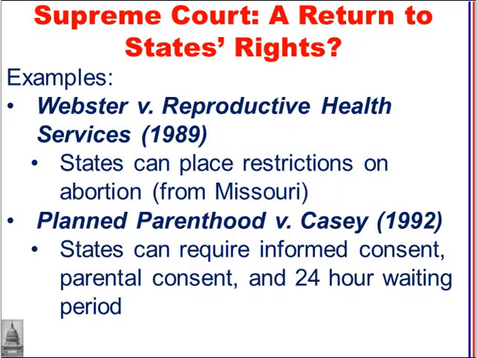Planned Parenthood of Southeastern Pennsylvania versus Casey from 1992. States can require informed consent, parental consent, and 24-hour waiting periods before a woman can have an abortion. It still upheld Roe versus Wade, but allowed states to place more restrictions on abortion. So that's taking something that was a national issue and allowing states to have more power in regulating abortion.